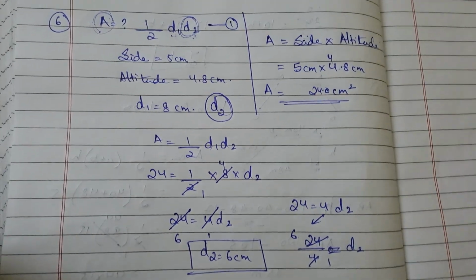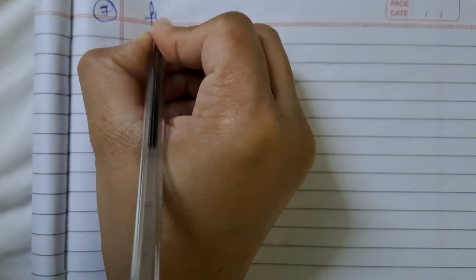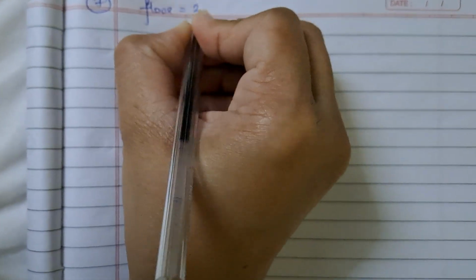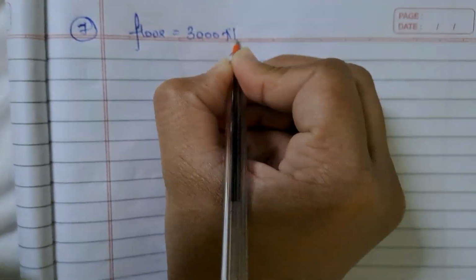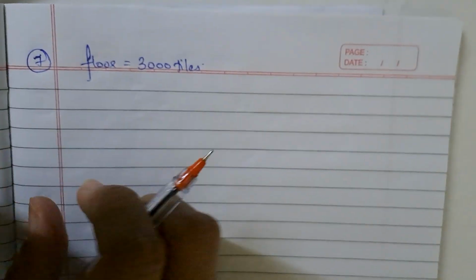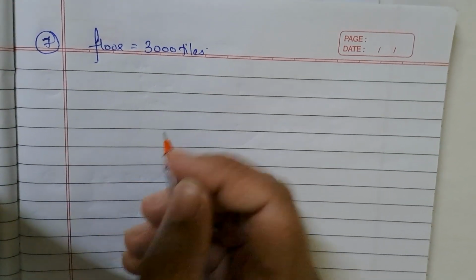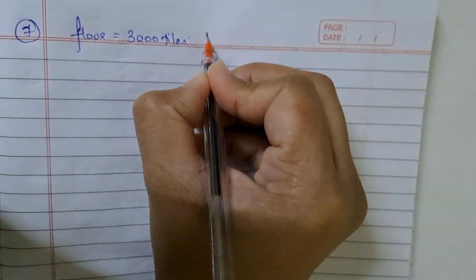Okay. Going to the seventh question then. Reading the seventh question, it says the floor of a building consists of 3,000 tiles. It is given to me as 3,000 tiles. Then it says which are rhombus, okay, they are rhombus shaped.